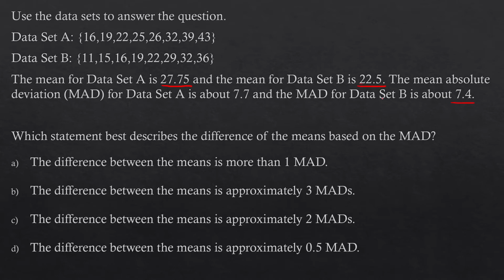So this is 7.4 and 7.7. Well, if I were to subtract, because it tells me the difference, here I get 0.3. So that's the closest to 0.5. So the difference between the means here is very close to 0.5 MADs.